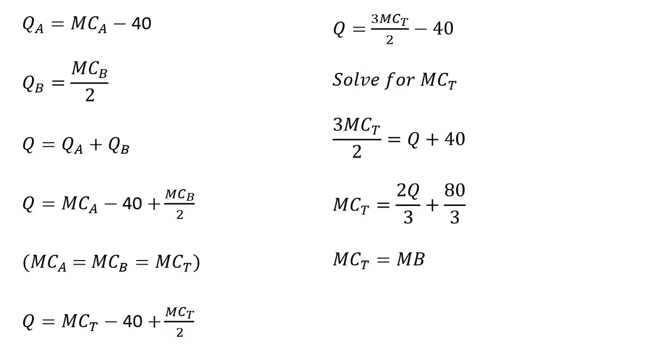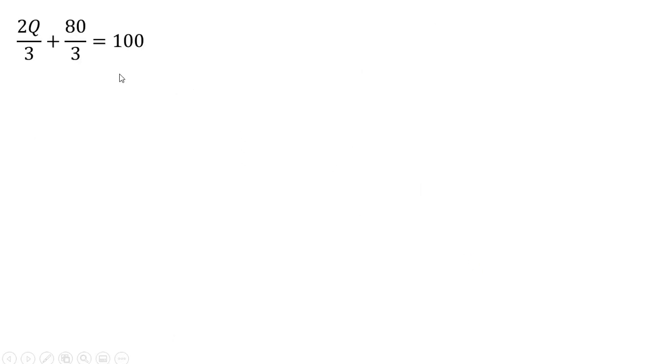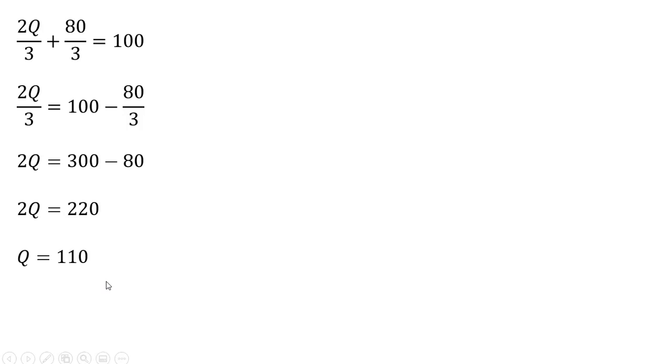And now we'll set that equal to the marginal benefit, and solve for Q, the total pollution reduction in the industry between the two firms. And going through the algebra here, the total pollution reduction in the industry is going to be 110.